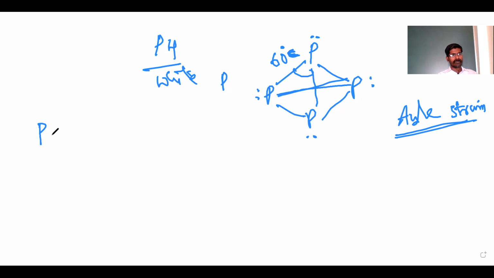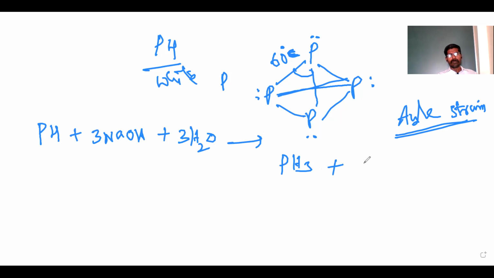White phosphorus is reacted with boiling NaOH solution, with 3 moles of NaOH and 3 moles of water, and it gives phosphine, and 3 moles of NaH2PO2 compound.